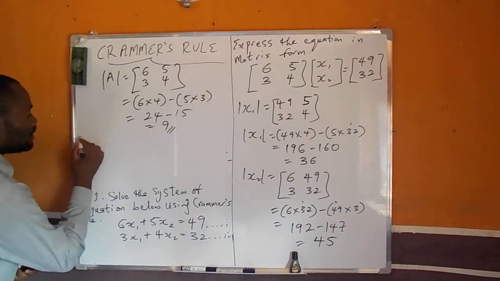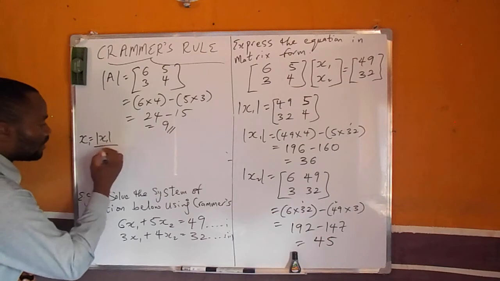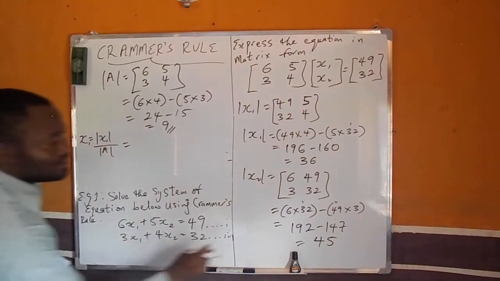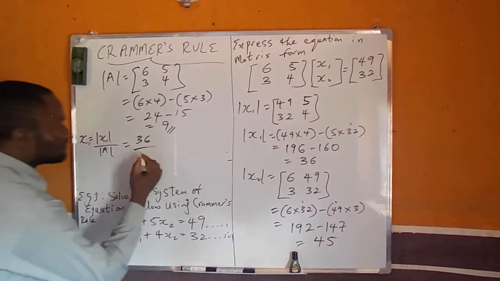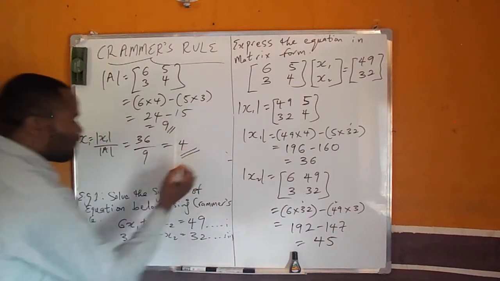We now say x1 equals the determinant of x1 all over the determinant of A, which equals 36 divided by determinant of A, which is 9. That is 36 divided by 9, we have 4.